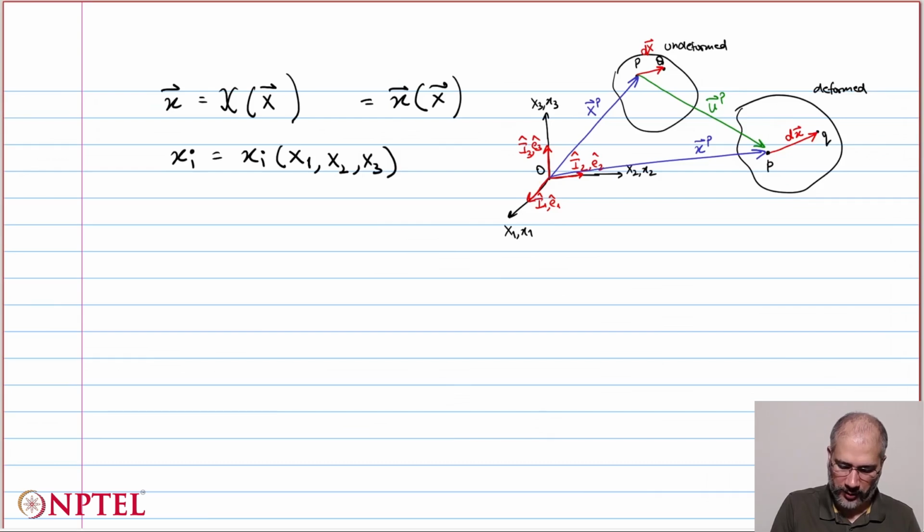So we differentiate this, so this becomes dxi. On the right hand side, you can see xi is a function of capital X1, 2, and 3. So we use the chain rule now. So this becomes partial xi by partial capital X1 times d capital X1 and so on.